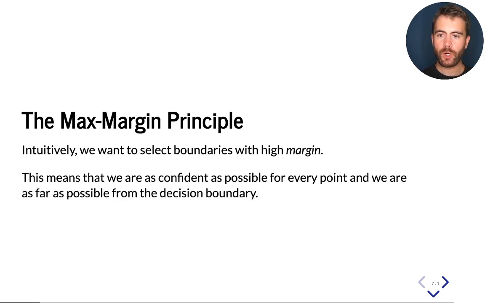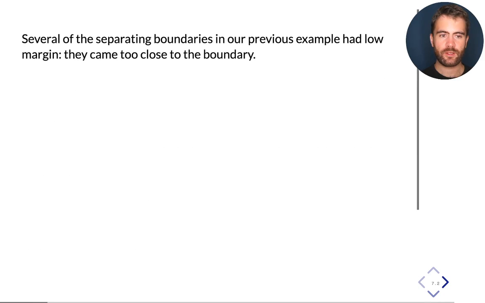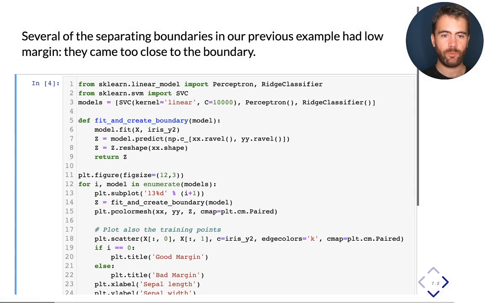A margin can be interpreted as the distance between a separating hyperplane and the closest data points to the hyperplane, and we want to maximize the margin. We want to place the separating boundary as far as possible from our data points. Let me show you exactly what this means by an example.